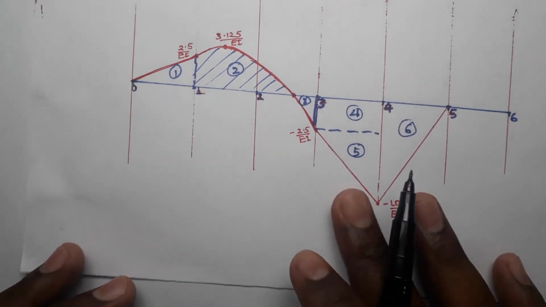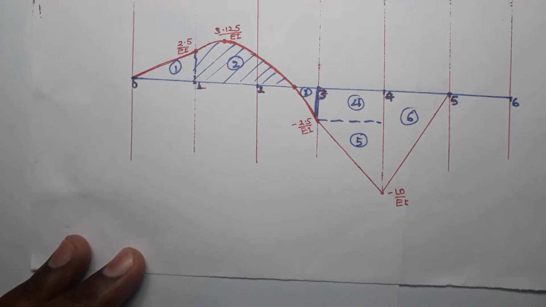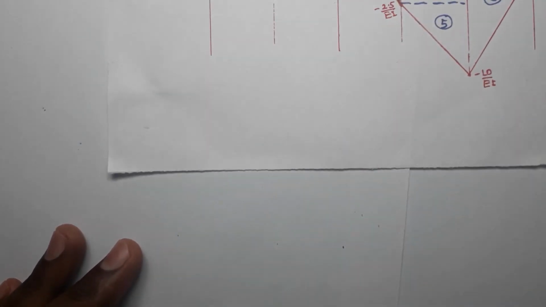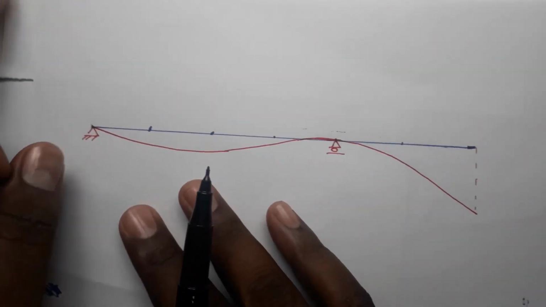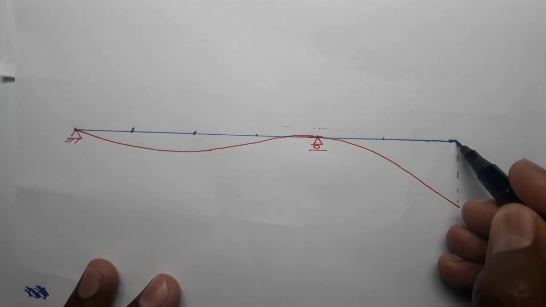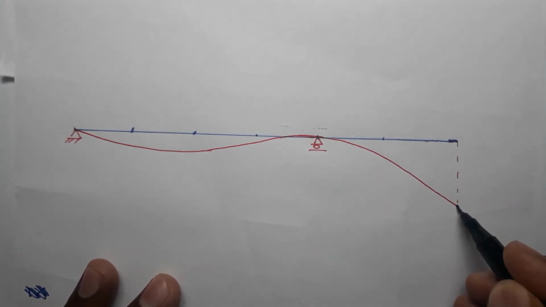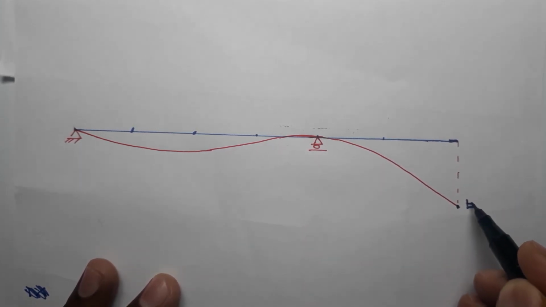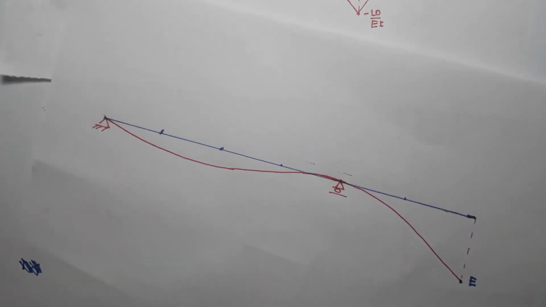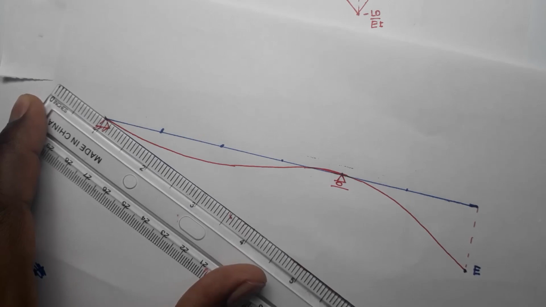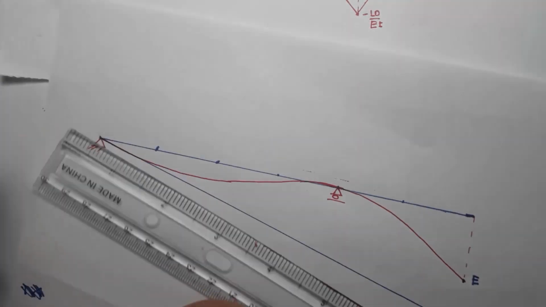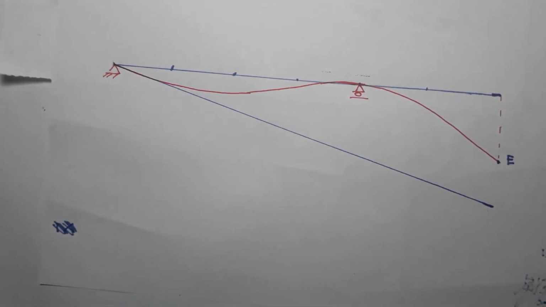Now the possible elastic curve for this beam is something like this. One of the possible elastic curves is something like this. So point E will come to this point. This is E. So let me draw a tangent at point A. This is my tangent.